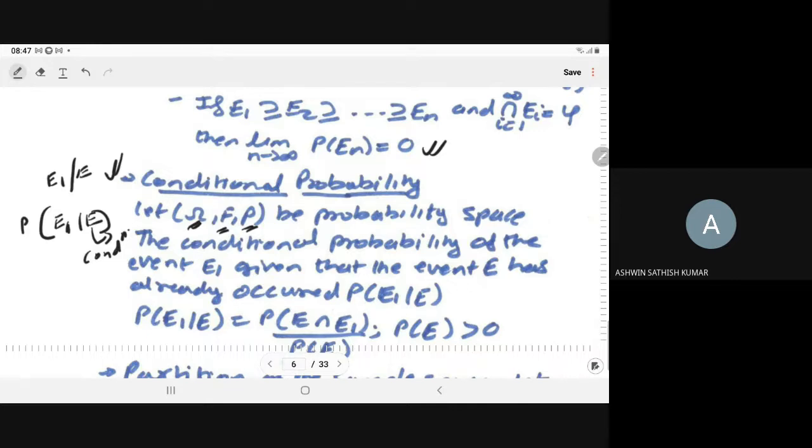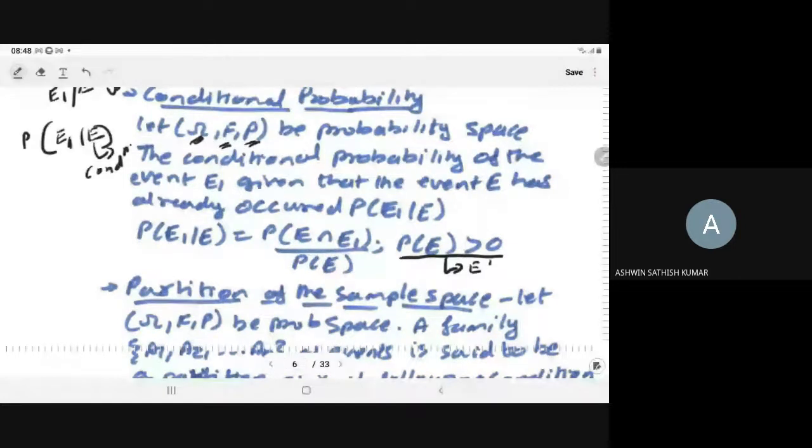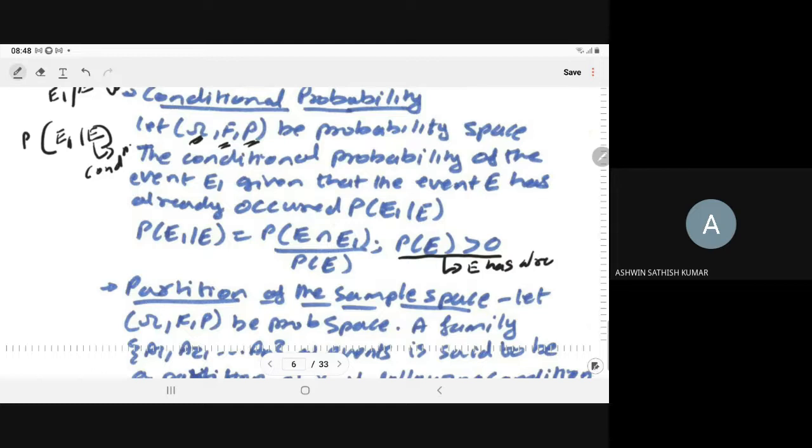It is equal to the probability of E intersection E1 divided by the probability of E. So here we have the probability of E greater than 0. What does it represent? E has already occurred, so only then the probability of E is greater than 0.